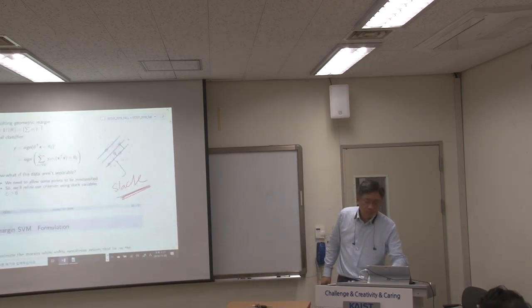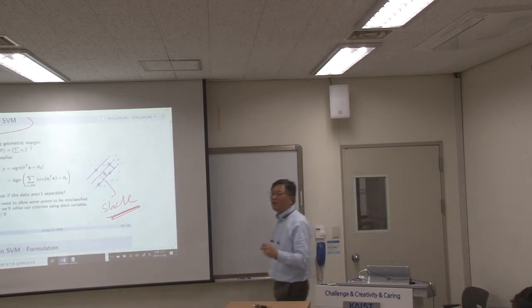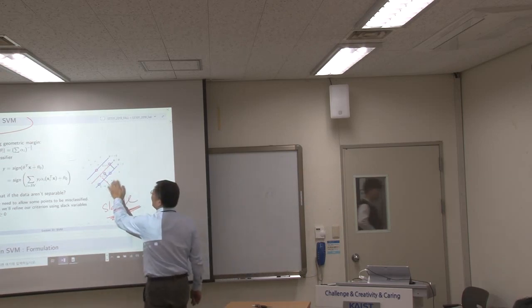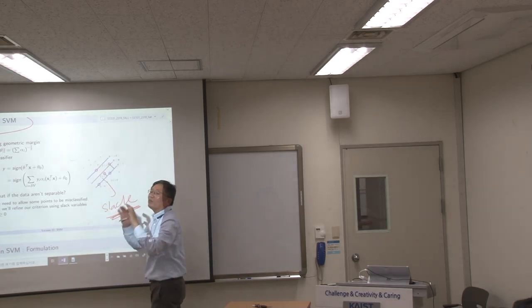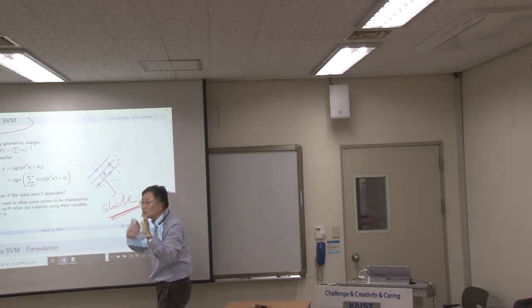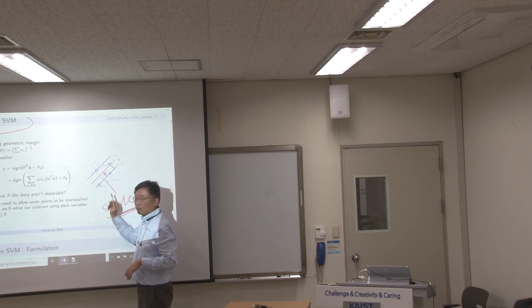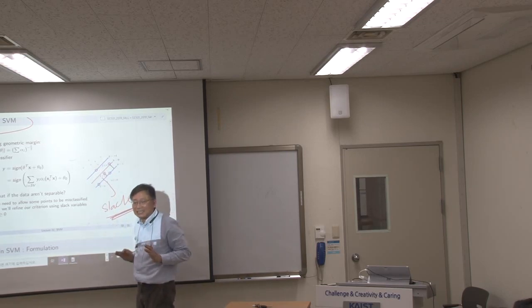I'm going to define a slack for each of the training data. If the data is on the correct side, if it's obeying, then the slack is equal to 0. All the training data will have a slack.